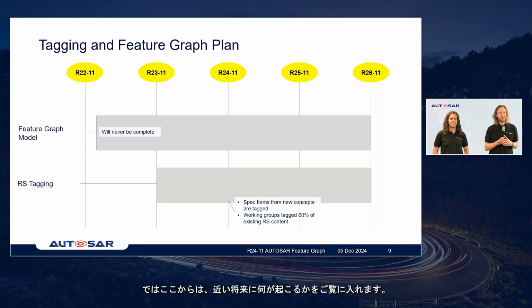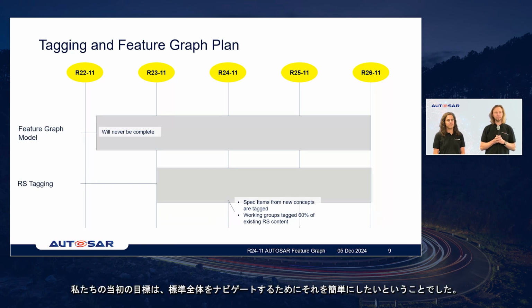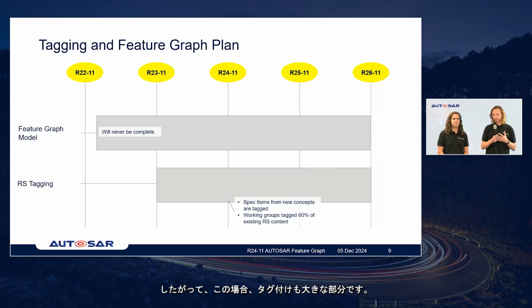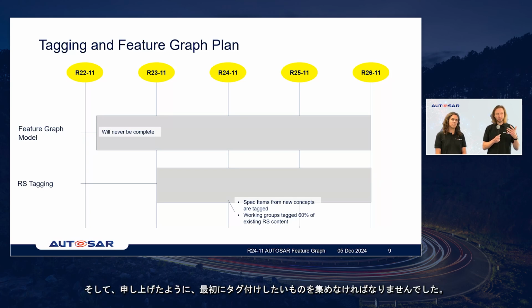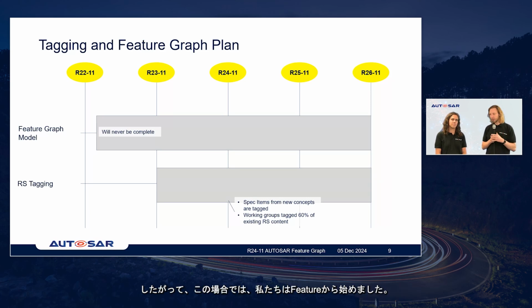So now we can see basically what will happen in the nearer future. Our initial goal was basically to make it easier to navigate the whole standard. So in this case, the tagging is also a big part. And as I already mentioned, we first had to start collecting what we wanted to tag it with. So in this case, we started with a feature.